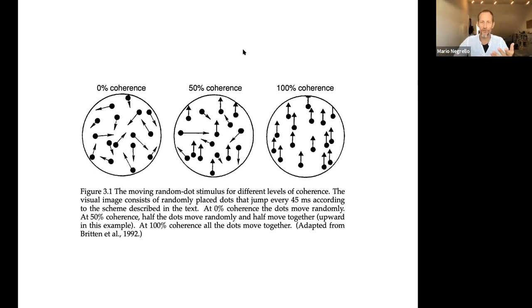Now we asked the monkey to do this. The way in which he has to pre-process those features is by pooling together a number of neurons that are recognizing specific directions across the visual field. The reason why I bring this to you is for you to think about the population encoding that is required here. We need many neurons deciding what the motion is in specific parts of your retina.